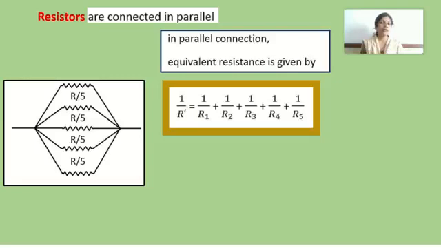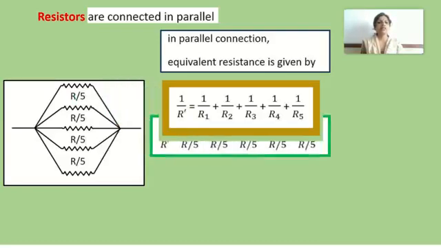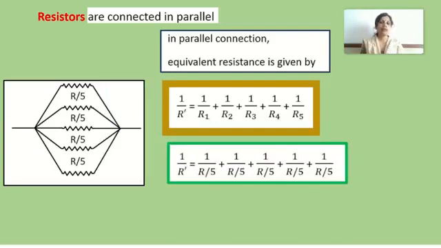But here we will not use Rp because we are given that the equivalent resistance is R dash. So 1 upon R dash. But what is the value of R1, R2, R3, R4 and R5 for us? Every resistance has the value R upon 5. Right? Let us substitute that. So 1 upon R dash is equal to 1 upon R upon 5 plus 1 upon R upon 5, and this way you will substitute the values in all the 5 resistors.